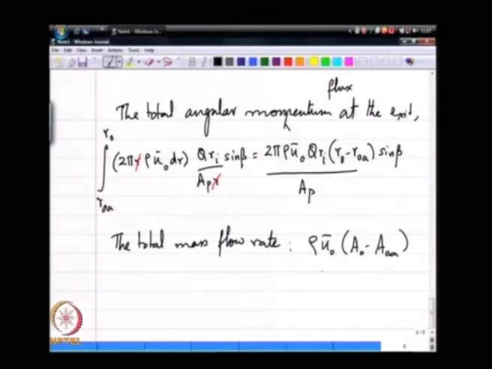It is like the basic definition of mean axial velocity. So, therefore, if this is the total angular momentum that is being carried out by this mass flow rate, the angular momentum divided by the mass flow rate is like the mean swirl velocity.